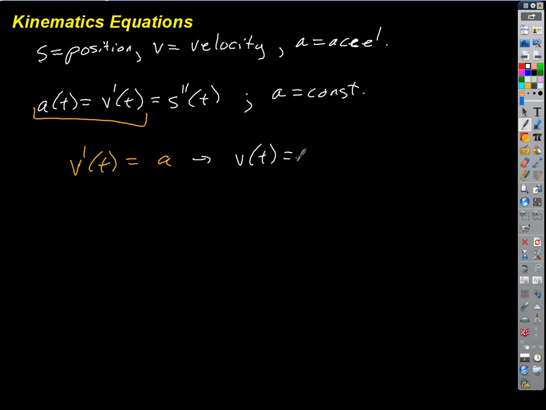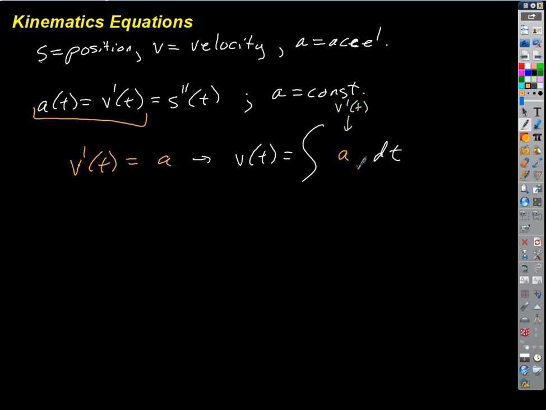Okay, so we're going to take an antiderivative of something, and the variable is dt. And what goes there is whatever the derivative of velocity is equal to. So that's V prime of t, which is A. Okay? It's a pretty easy differential equation to solve. What's the antiderivative of some constant A?